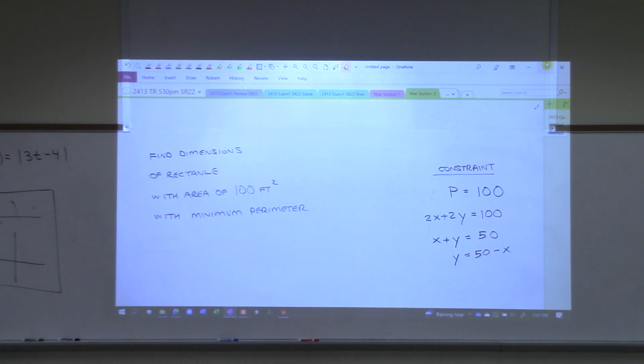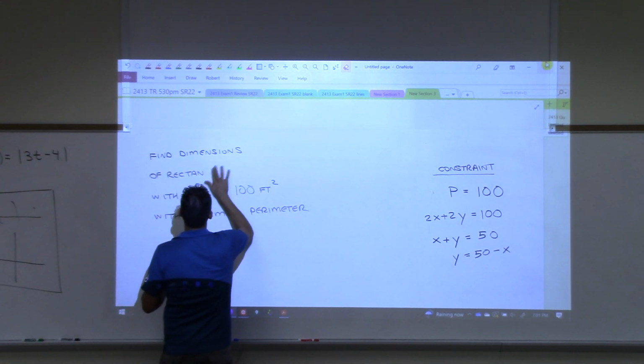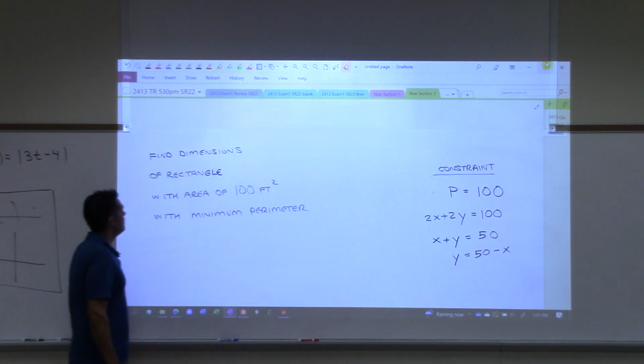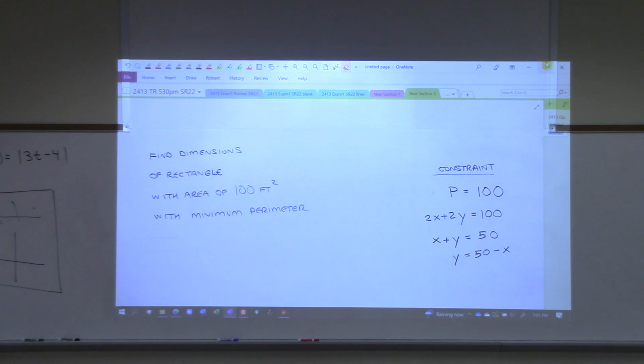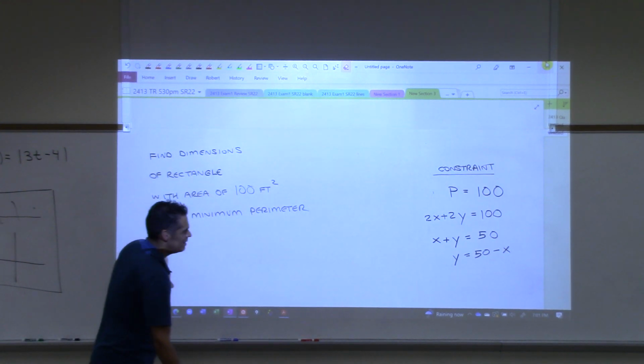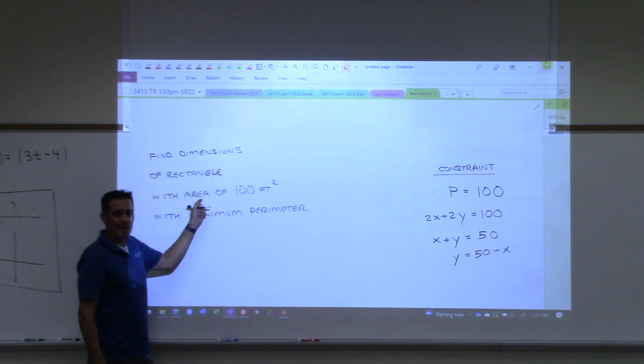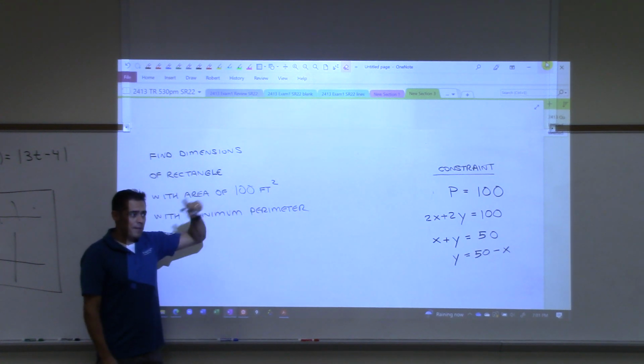This problem looks a little bit like the one we just did, but it's very different. We want to make a rectangle, right? So we want to construct a rectangle, but this time we have a fixed area, not a fixed perimeter.